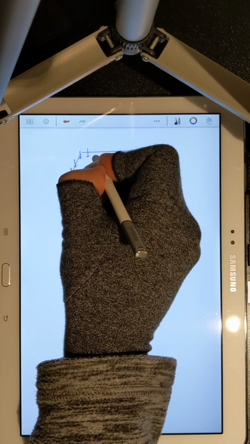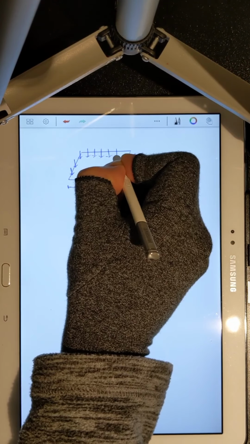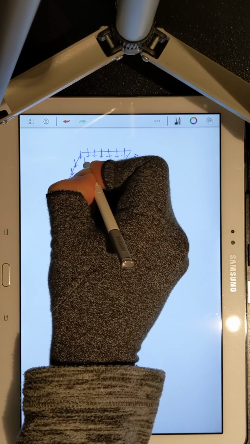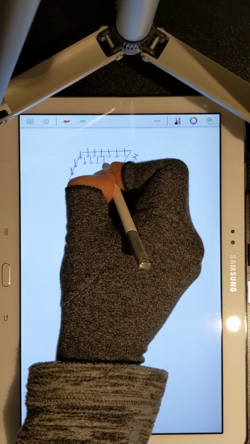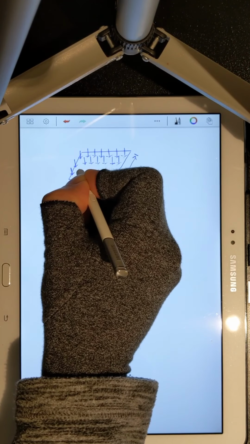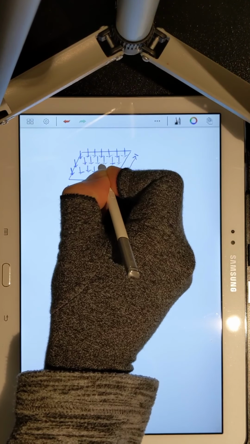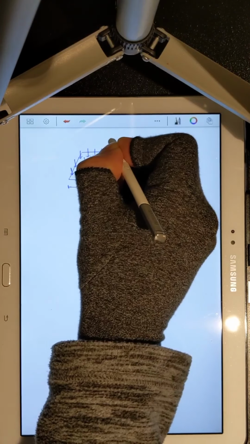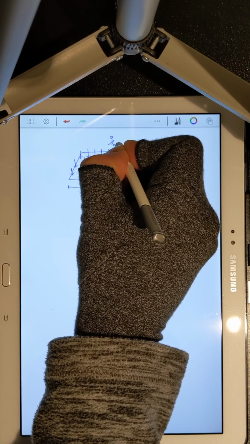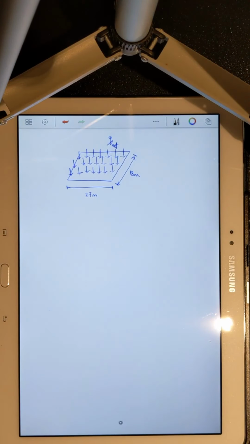So this is your net stress, evenly distributed. This is your net stress, or the stress at the bottom of the excavation, at the bottom of your foundation.